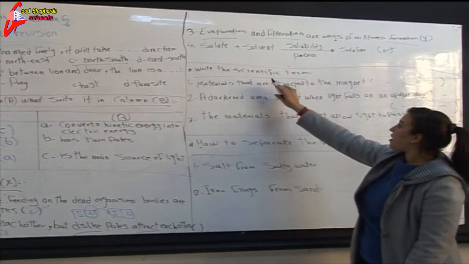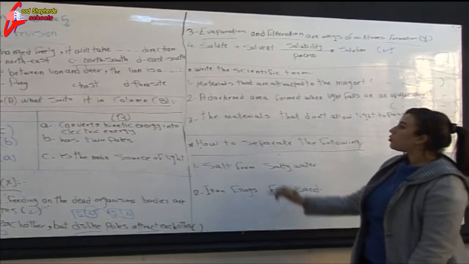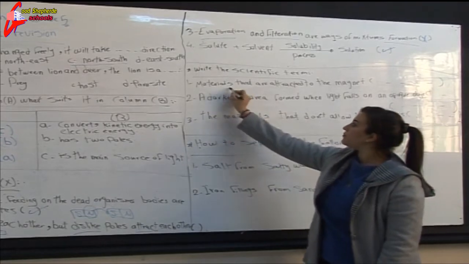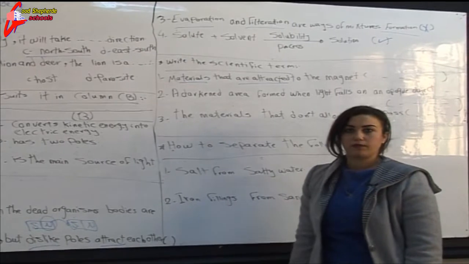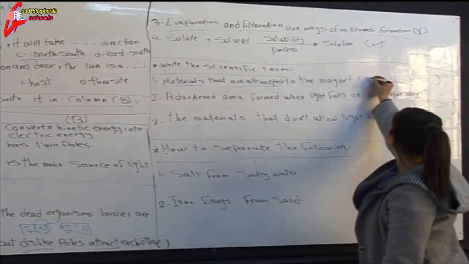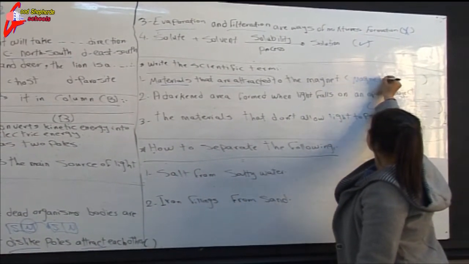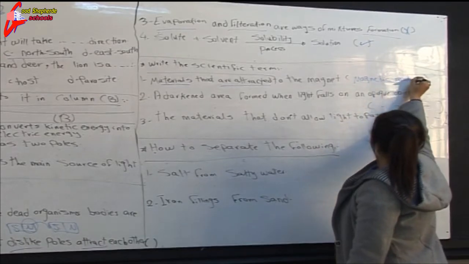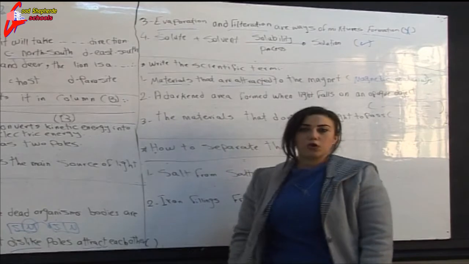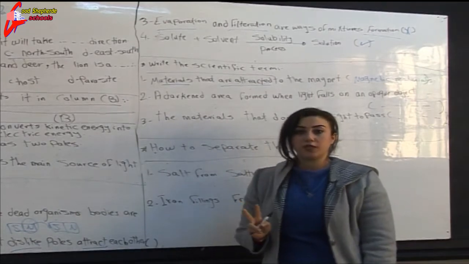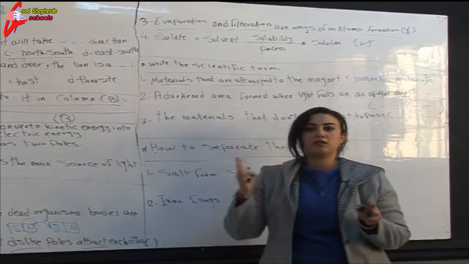Write the scientific term. Number 1, materials that are attracted to the magnet: magnetic materials. In the lesson on magnetism, we have 2 types of materials, magnetic and non-magnetic.